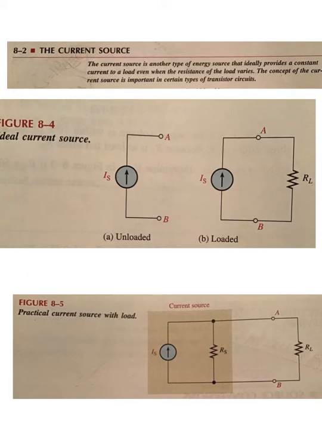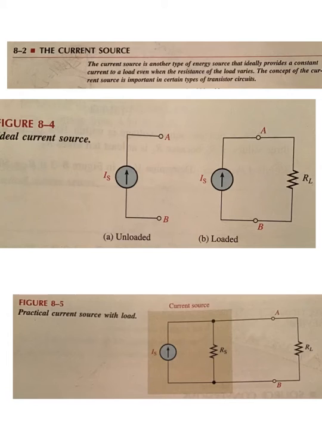Suffice to say that in Figure 8-4, your theoretical current source, your ideal current source, located on the screen, is the unloaded Figure A. And the resistor that you don't see is because the resistance is infinite. There is infinite resistance on that device.